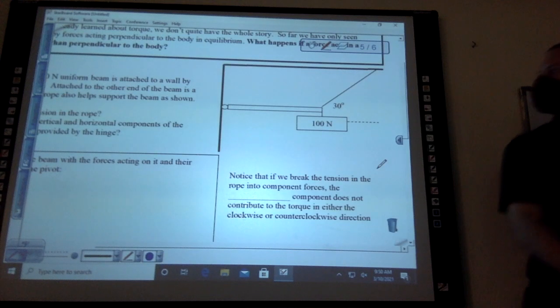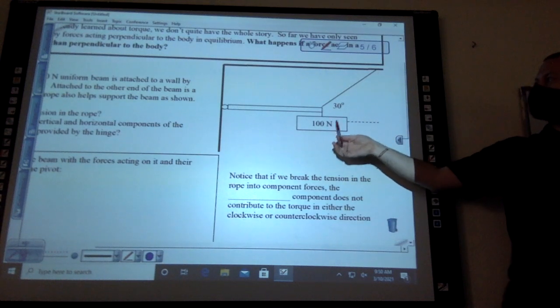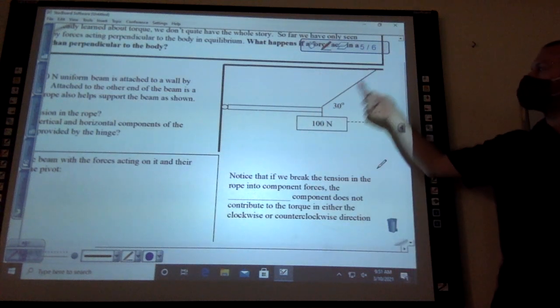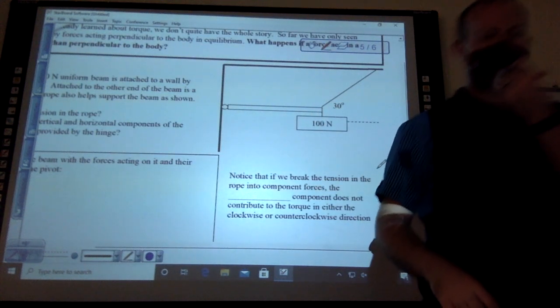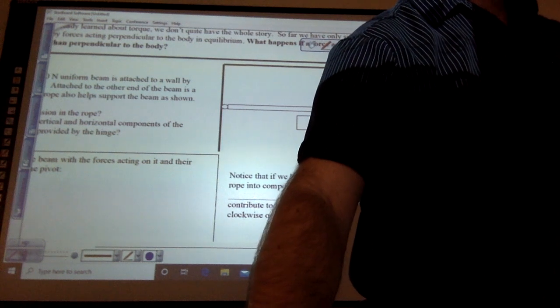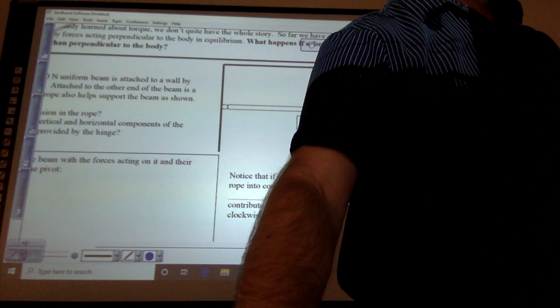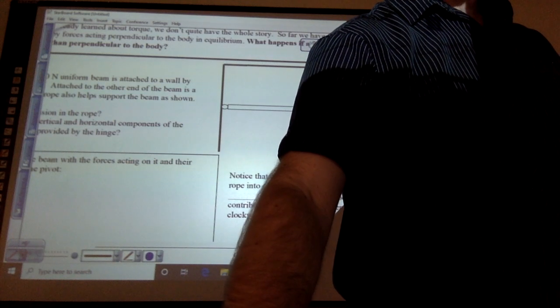So here is my situation. I've got a sign, here's my uniform beam, and I've got some rope here. So my strategy in going about and solving this is first going to be, let's draw all of the forces acting on this.